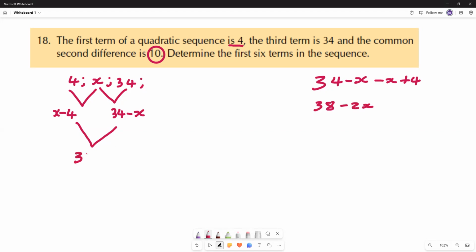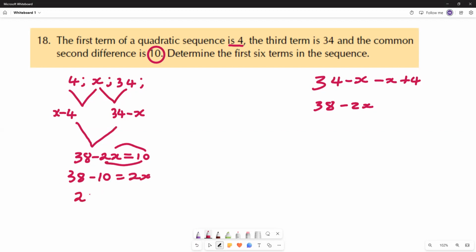This is the first difference, and they told me that the second difference is equal to 10. So I can basically solve for x now. I can say 38 minus 10 equals 2x.